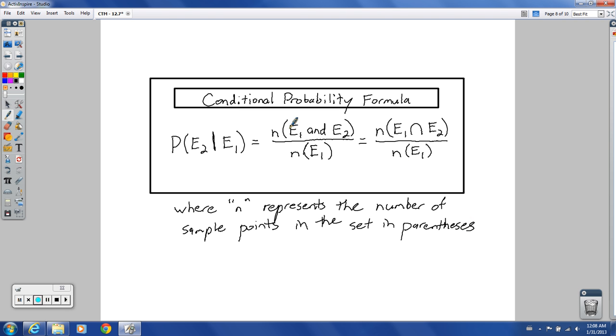So here the set in parentheses is E1 and E2, their intersection, and here the set in parentheses is just E1 by itself.